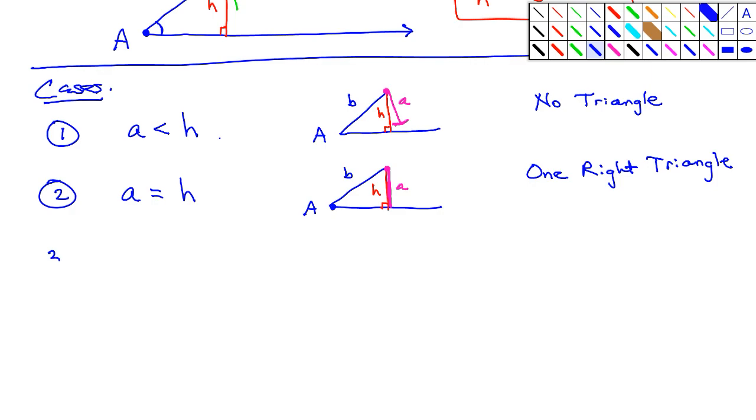Third case, what if H is less than A, which is also less than B? Well, this is where it gets a little complicated. Let me draw the triangle. Here's B, here's capital A, here's the height. Now the length A is bigger than the height.